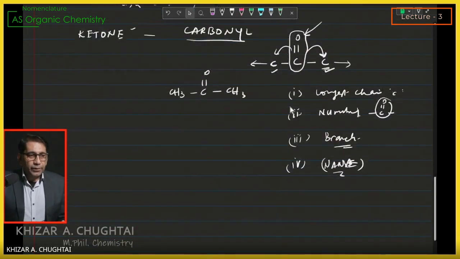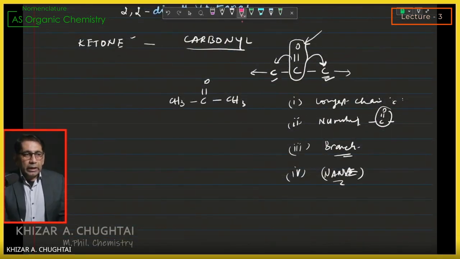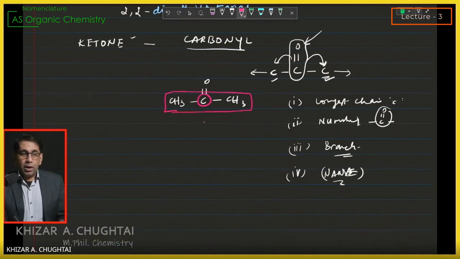Now, come toward this one. How many carbons are in the longest chain? And once again, keep in mind this carbon must be part of the longest chain. So here are overall three carbons in the longest chain. And as you can see, there is no branch present. There is just the longest chain, and inside the longest chain there is a functional group.